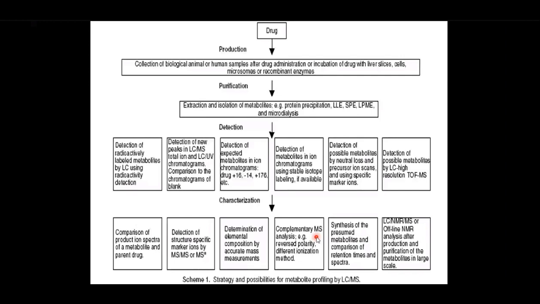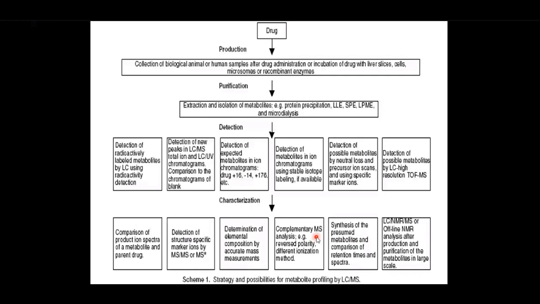So you can also use another parallel technique like NMR, provided you have collected a small quantity of the metabolite by using some kind of preparative liquid chromatography, and then analyze that compound by NMR for confirmation of the structure of the metabolite. Okay, so this way you can find out the metabolites present.